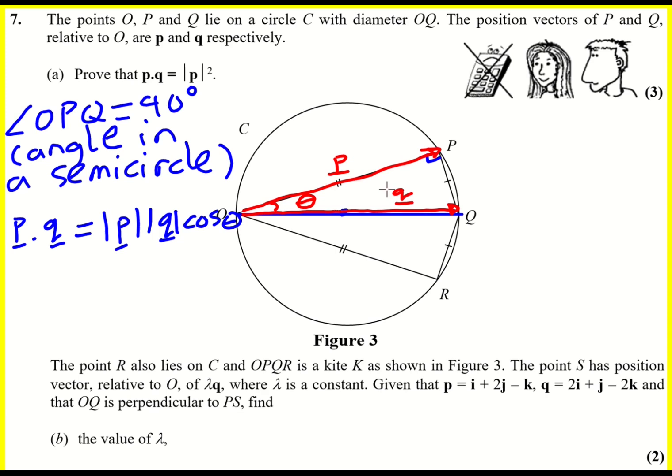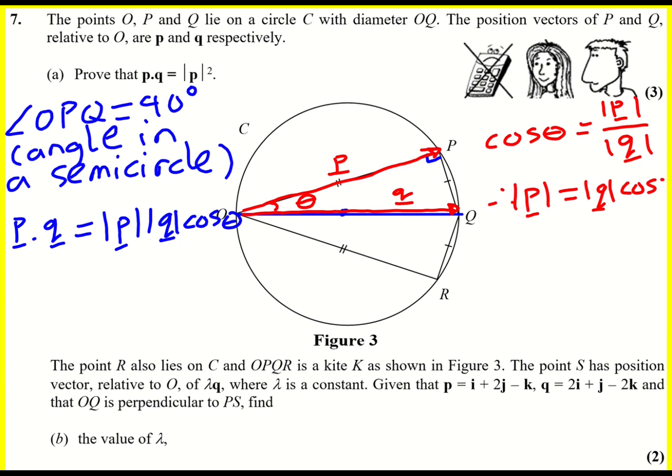Now in this one, Q is actually the hypotenuse, and so we could write down that cos theta is equal to the adjacent, which is the magnitude of P, divided by the hypotenuse, which is the magnitude of Q. And therefore, the magnitude of P is the magnitude of Q cos theta.